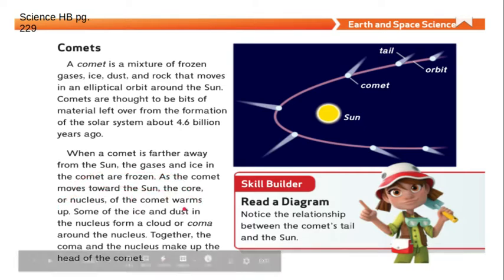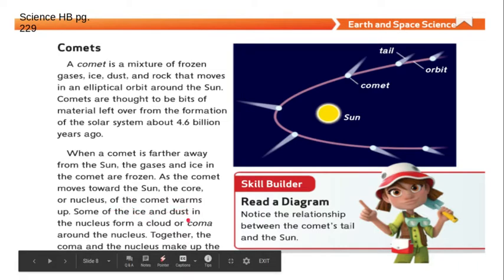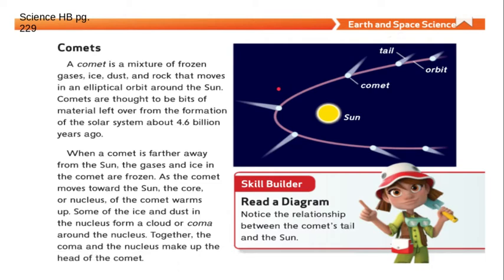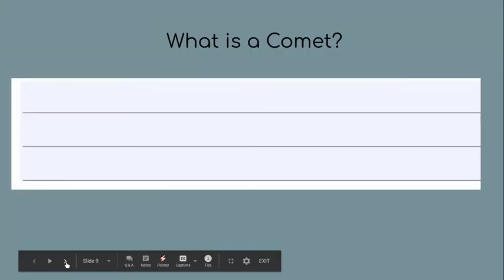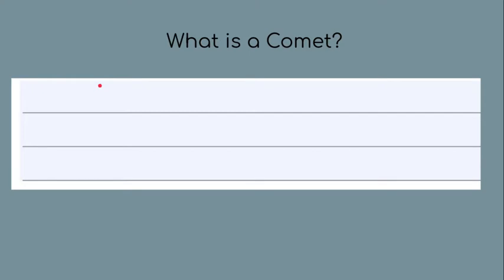Some of the ice and dust in the nucleus form a cloud or coma around the nucleus. Together, the coma and the nucleus make up the head of the comet. Okay? And so here's a diagram showing you the comet and its tail that you see in the sky as it orbits around the sun. And so what is a comet? Let's recap what we read.